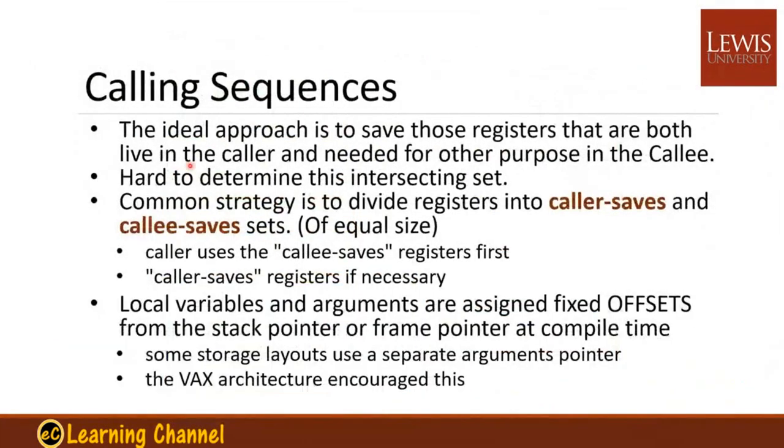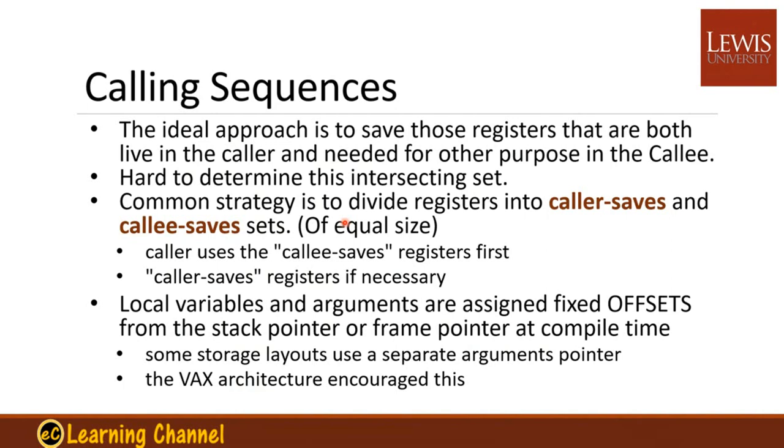For the calling sequence, the ideal approach is to save those registers that are both live in the caller and needed in the callee. So how do we determine that intersection set so that caller and callee can be balanced? A common strategy is to divide registers into a caller-save and a callee-save set, if possible of equal size.